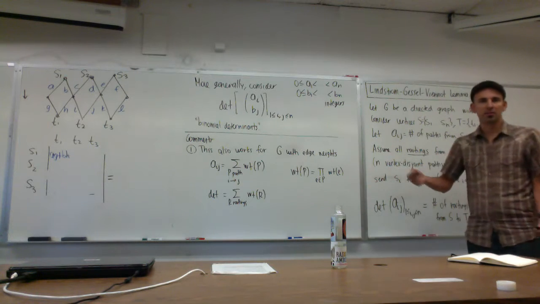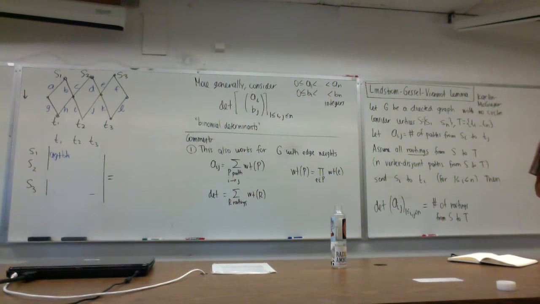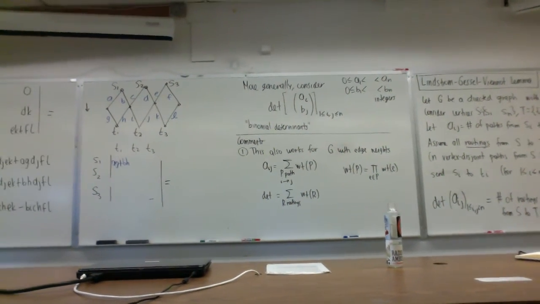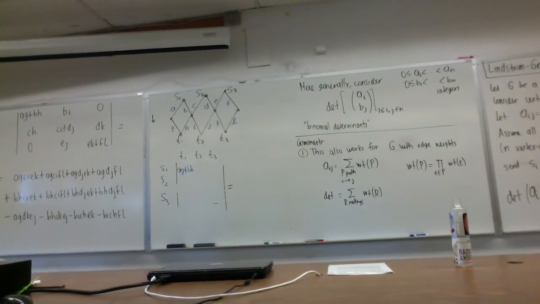Where the weight of the routing is again just the product of everything. Okay? And I thought that this would be clearest if I did an example. So again, we're going to do the high-tech thing of turning the camera, because I actually computed this example ahead of time.